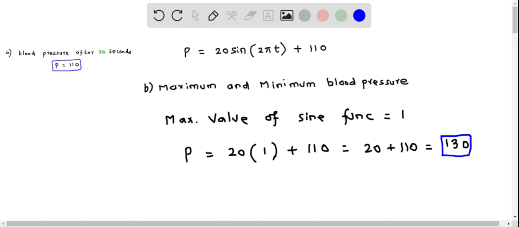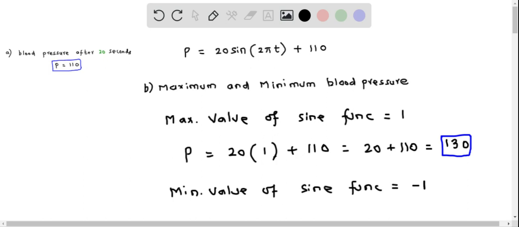Now, to determine the minimum blood pressure, we consider the minimum value of the sine function, which is -1.